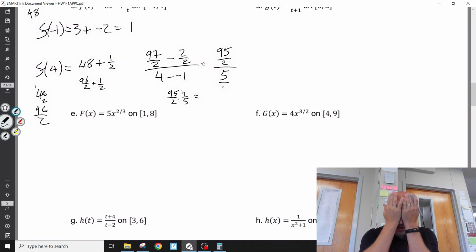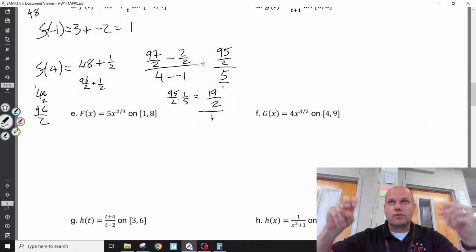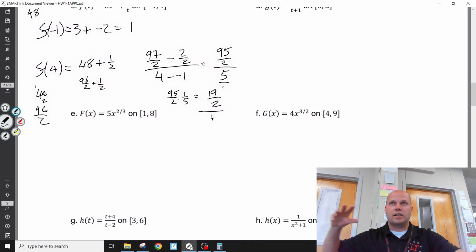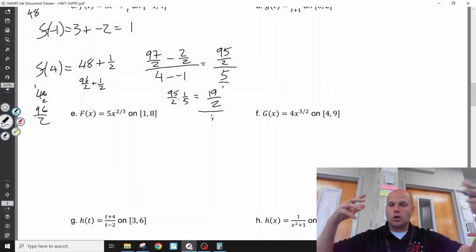It's going to be 19 because 5 times 20 is 100. So 19 halves. 19 halves over 1 can represent our rate of change, our unit rate per change. On average, my function is increasing 19 halves y, or 9.5 y's per x.